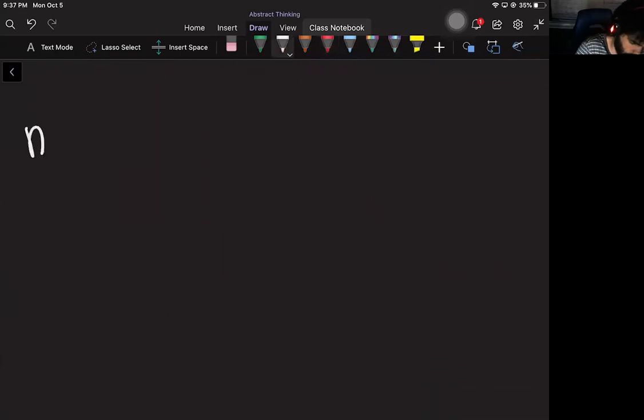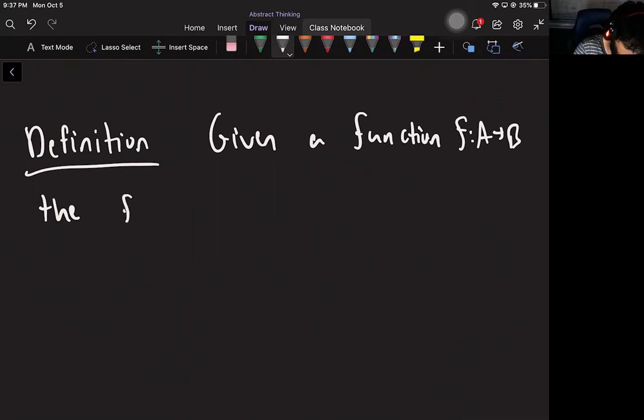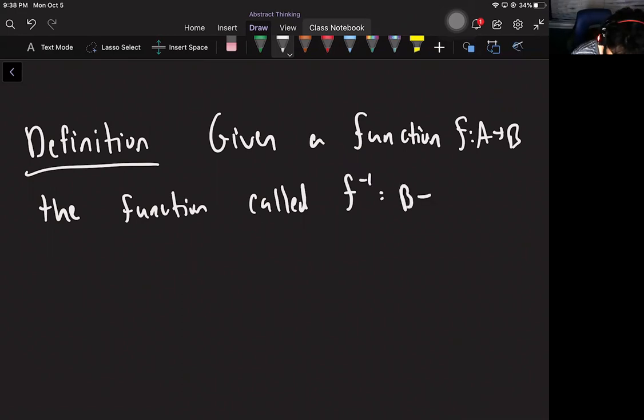But I think that is enough mini examples for us to jump to the definition of what we're trying to talk about here. Okay, so given a function f from A to B, we get this other function called f to the negative 1, which is read as f inverse.